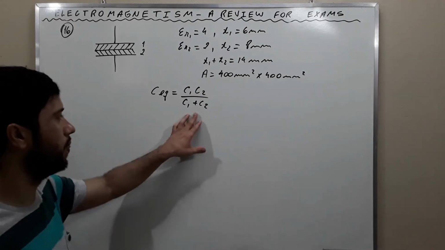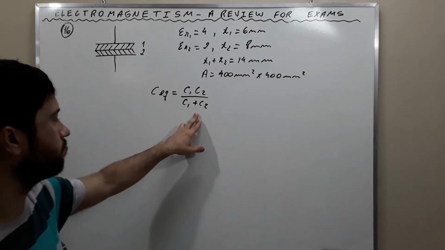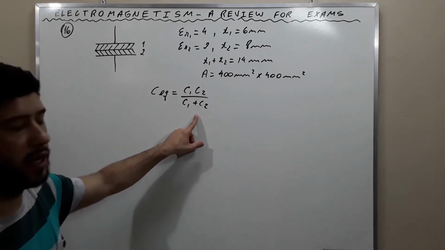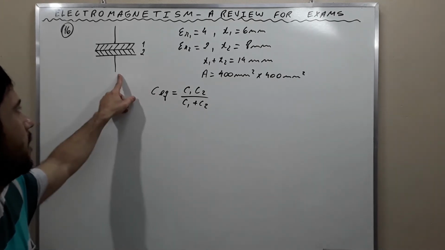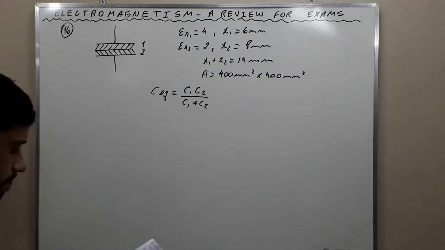We frequently use this expression for resistors in parallel, the product divided by the sum. But for capacitors, this expression is valid when they are connected in series. This is what I wanted to mean.